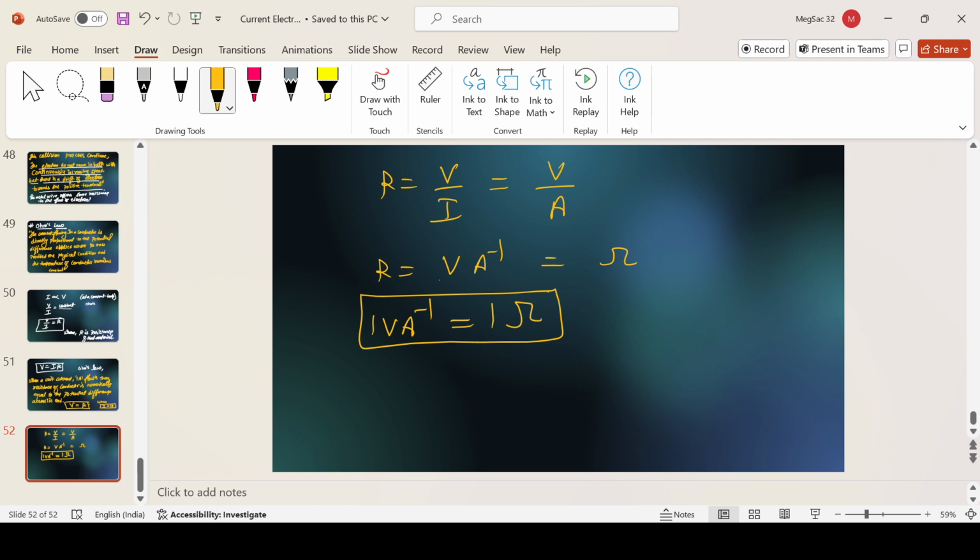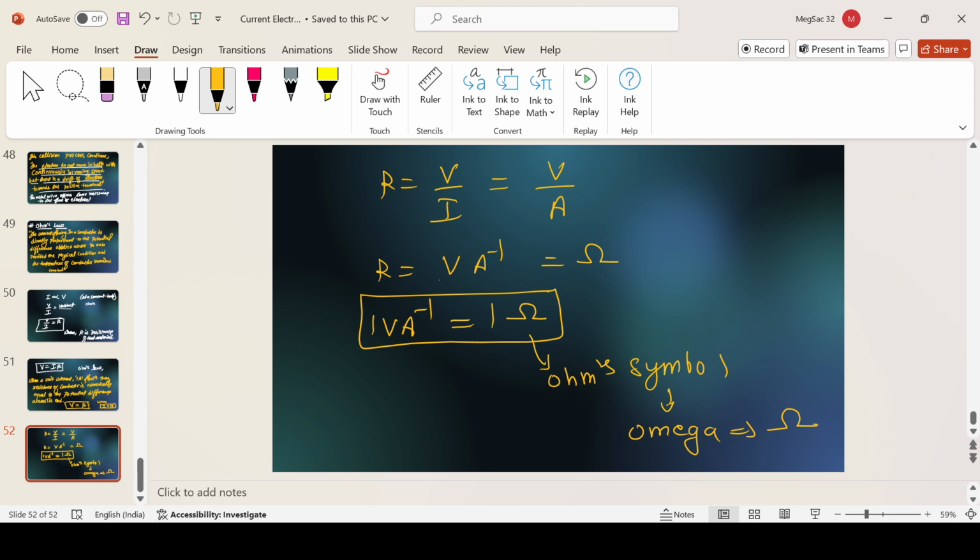So this is called ohm. It has a symbol, and the name of the symbol is omega. Clear? Yes, sir.